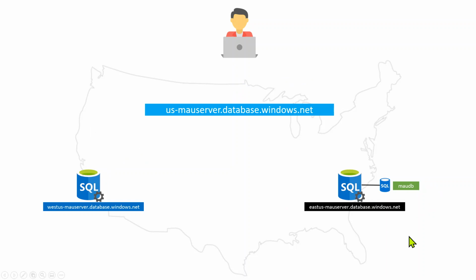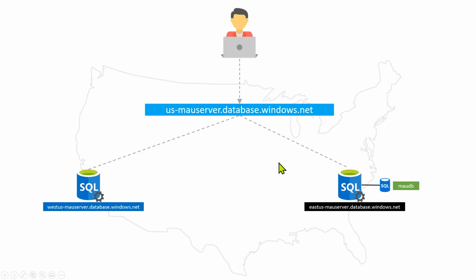My users then will be able to connect to this DNS name, and that DNS name is going to direct the traffic to the region that is available in case an outage occurs. The name of this object is an Azure SQL DB failover group.